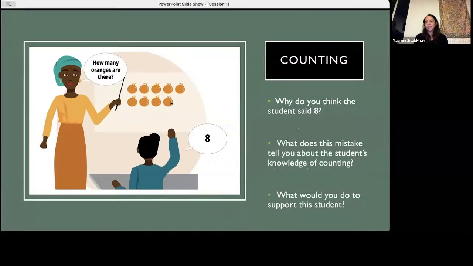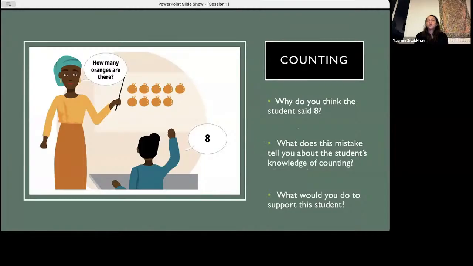Exactly as you said, they don't know the rote counting sequence and they haven't memorized it yet. They could have counted 1, 2, 3, 4, 5, 6, 7, 8. That's called one-to-one correspondence. Often students aren't able to touch one object and say one number, right? So there's lots of different things that the student might have done.